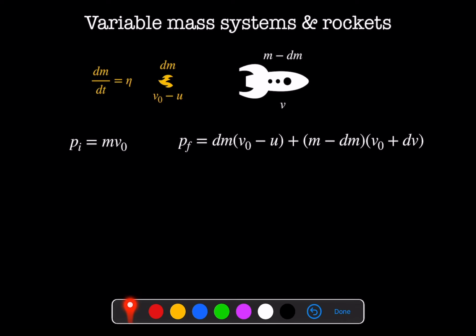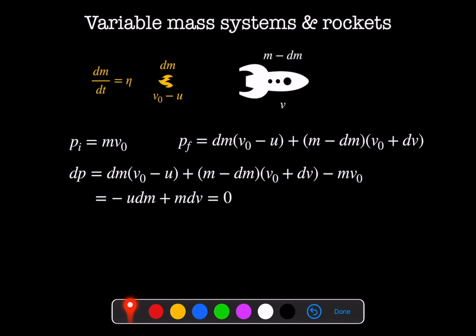So I can look at the change in momentum here. dp is going to be equal to p final minus p initial. You'll notice that the m v naught term here can cancel with this m v naught term here, and the dm v naught term and the minus dm v naught term can cancel here.